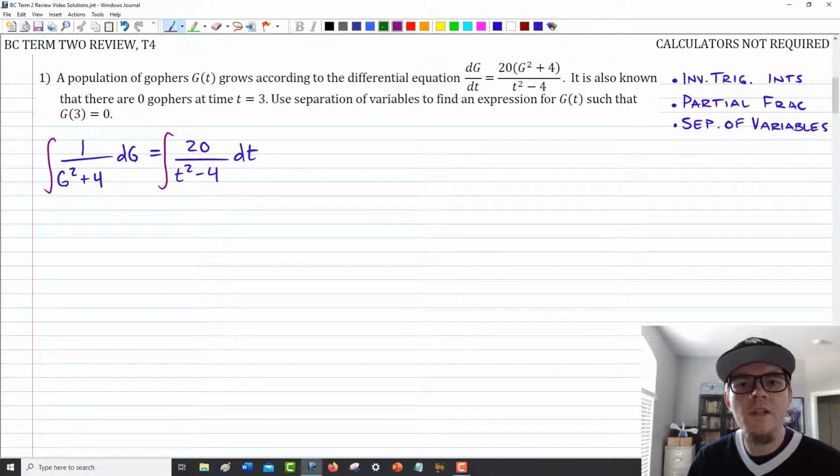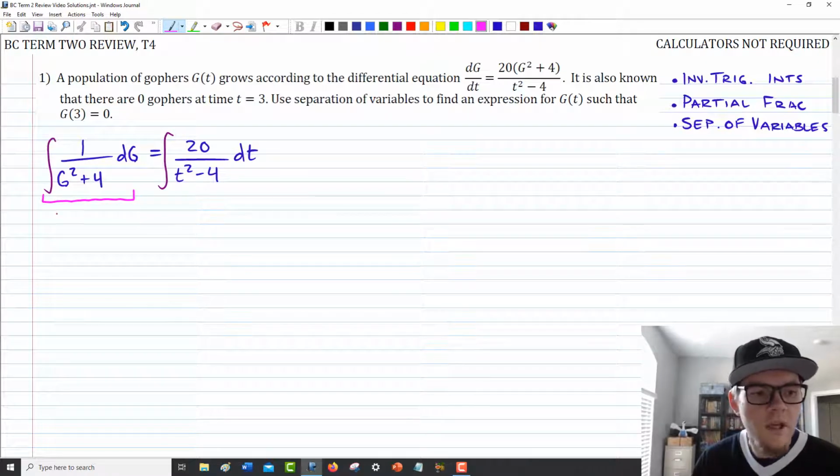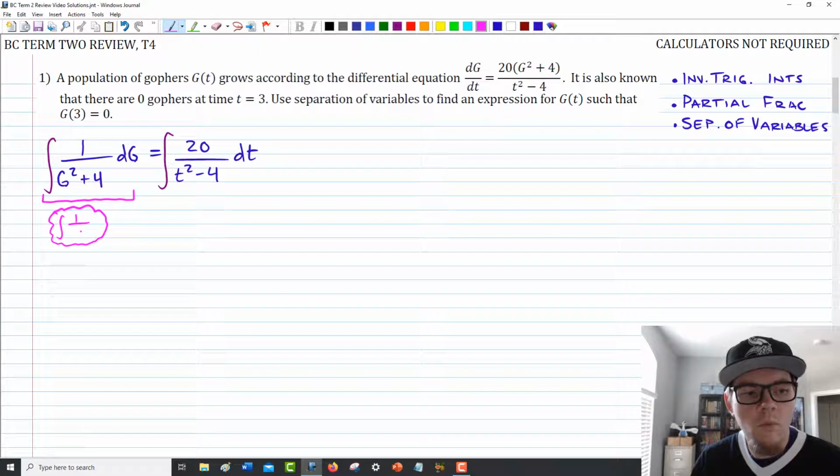As far as the two techniques here, I'm going to have to use two different colors. First one we're going to look at is the integral on the left. This resembles a little bit an integral expression that we studied, 1 over 1 plus x squared.